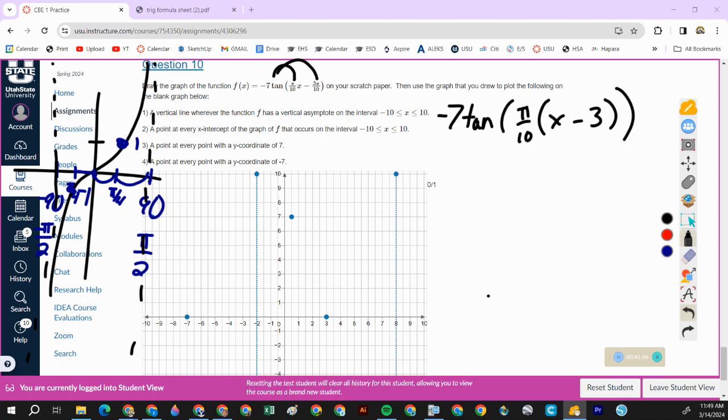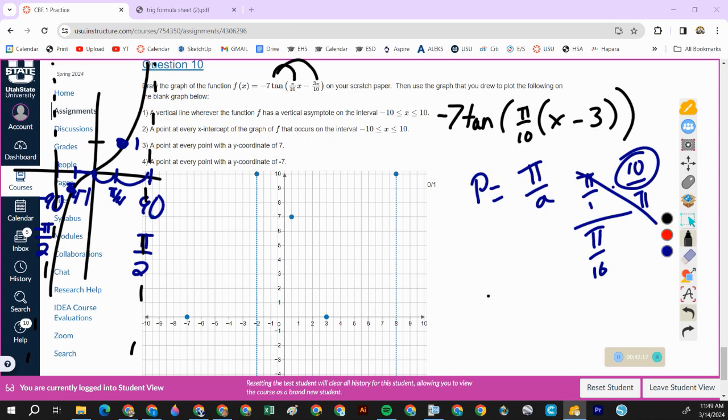So my period is no longer 2 pi over a, it's just pi over a. So pi over 1 divided by pi over 10, invert and multiply.